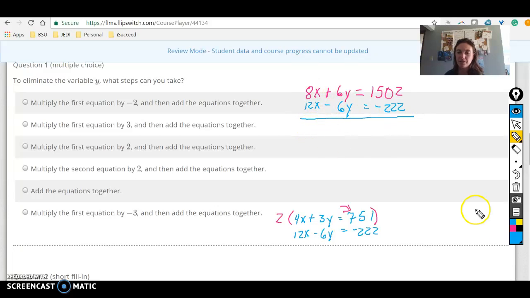Okay, now I simply add these together. 8 plus 12 is 20x. Positive 6y minus 6y is 0y, so I don't even need to write that. And so 20x equals, and then I add these two together, which is essentially subtraction. So 1502 minus 222 is going to give me, I think, 1280, but let's just be sure.